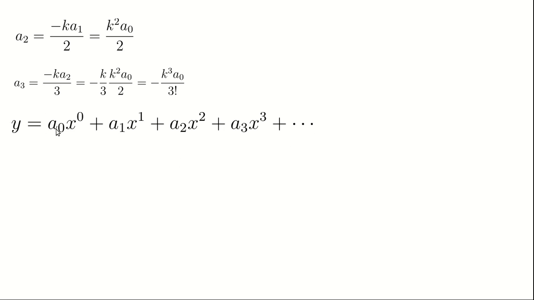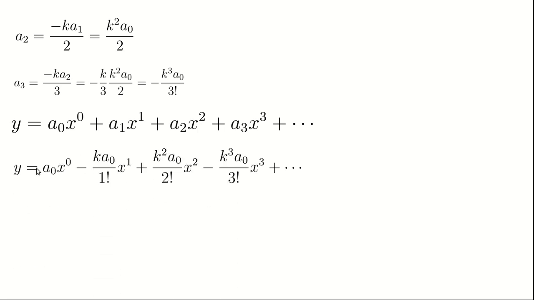Now that we know what a0 is, x to the 0, x to the 1, and so on, we can substitute these values and we get this. So our a1 is minus k a0 all over 1 factorial, times x to the 1. Our a2 is k squared a0 all over 2 factorial, times x squared. a3 is minus.